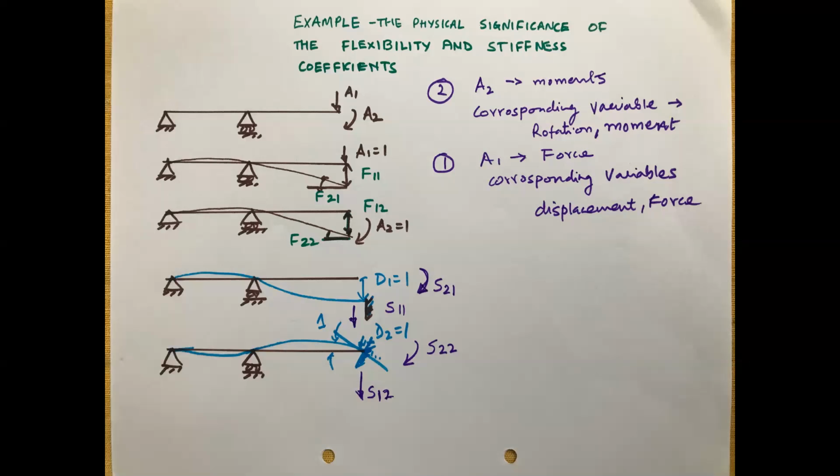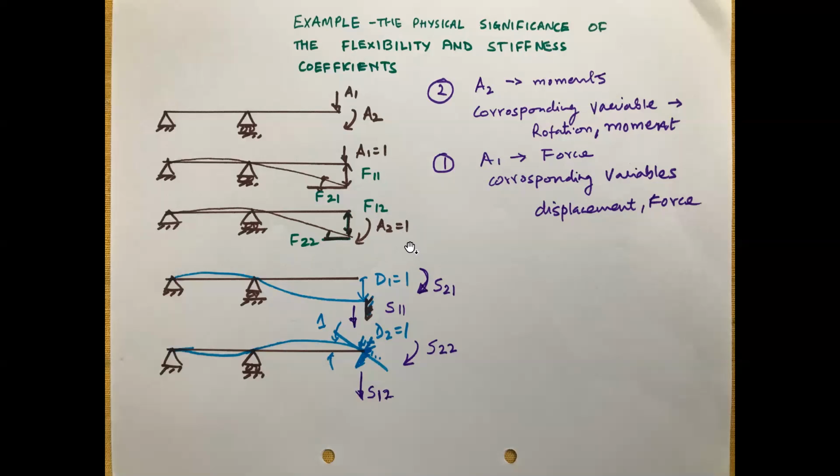So F12, the first subscript of F12, one, denotes the vertical deflection and 2 denotes because of unit applied moment over here. And similarly, the rotation F22 says F2 is the rotation because of unit applied rotation, that is showing the second subscript.